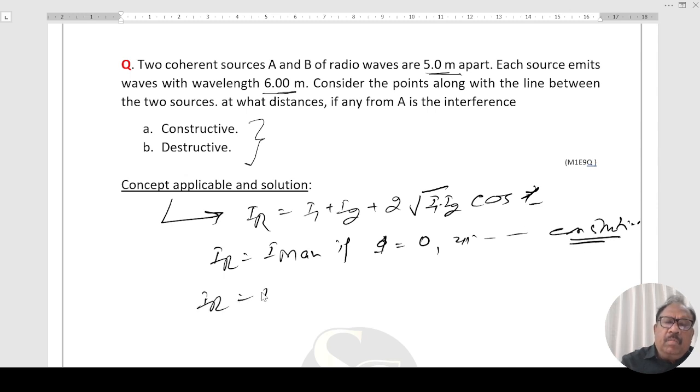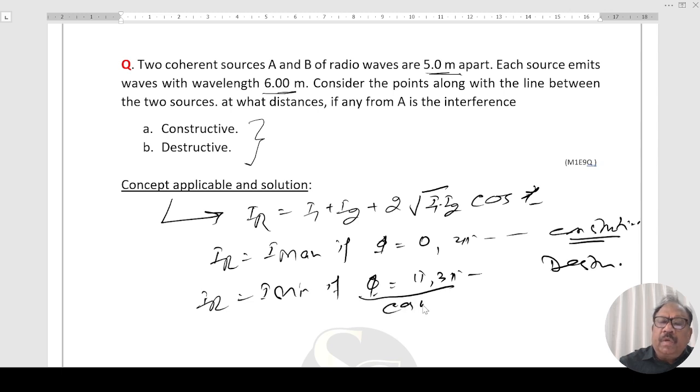IR will be I minimum if phi equal to pi, 3 pi, like destructive. If cos phi is 1, then it is constructive. If cos phi is minus 1, then it is destructive. You know the relation.